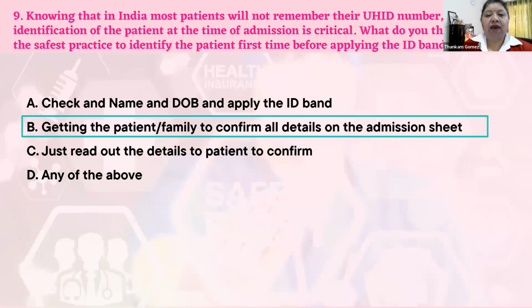If you educate them and you tell them it is for your safety, that every time when someone is going to give you medication or they are going to do any procedure for you, they are supposed to match the information of your medical records, the name and UHID, with that of your ID band. And also, you should be asked to identify yourself. So, if we can teach this much to our patients, I'm sure the practices will start to improve.